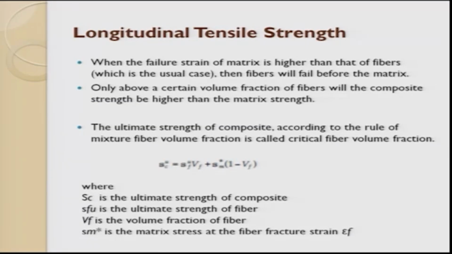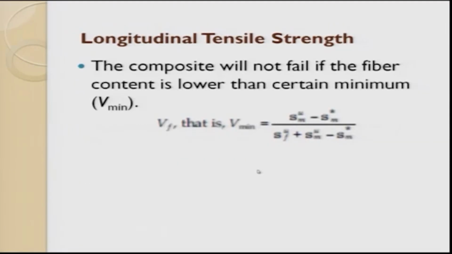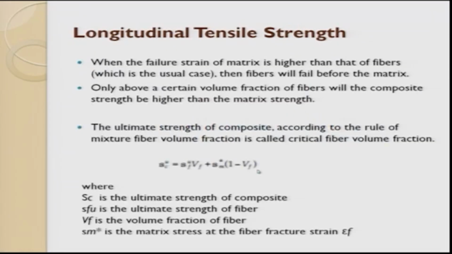When you consider a composite which is made out of a fiber which is brittle and a matrix which is ductile, then it is very important to find out the volume fraction of the matrix. So this is a very critical equation. So we will try to see how do we get to this equation.